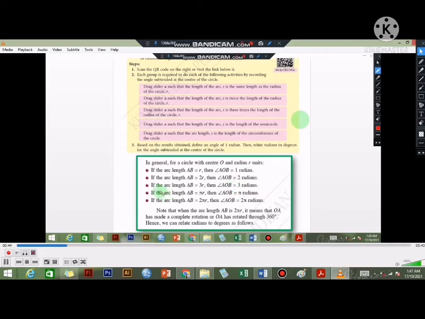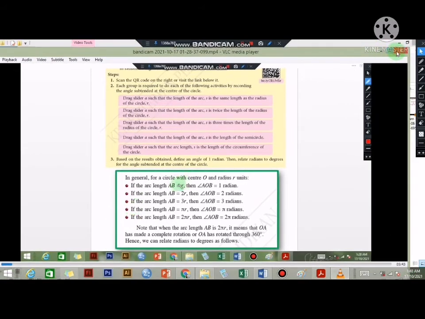So what happens if the arc length AB is equal to pi r? Based on the first, second, and third, we know that the angle is equal to pi radian. So let's look at the fourth one.